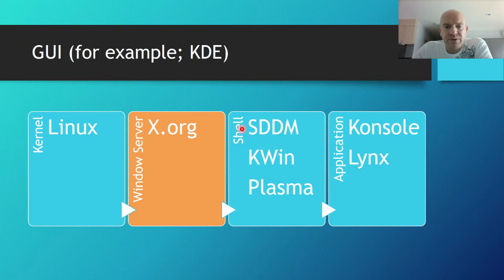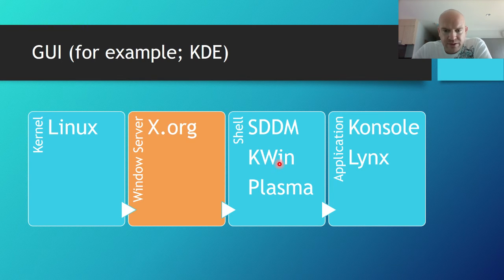When you use a graphical user interface, you first have a display manager, which will create a screen for you where you can identify as a user. And you will be able to log in with your username and password. Then the display manager will hand over to a window manager. If we use this example of KDE, the window manager would be KWin.